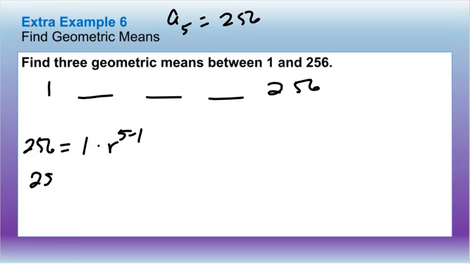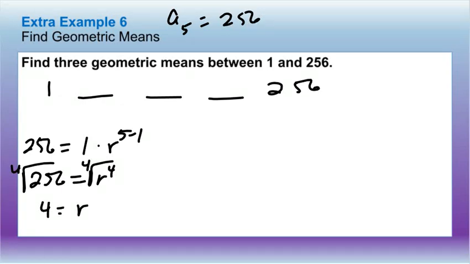So it's going to give me 256 equals r to the fourth. Find the fourth root. The square root of 256 is 16, and the square root of 16 is 4, so this would be 4 as our common ratio.